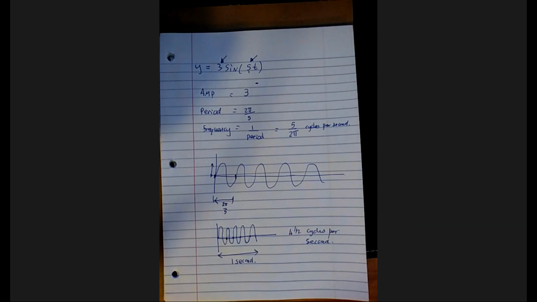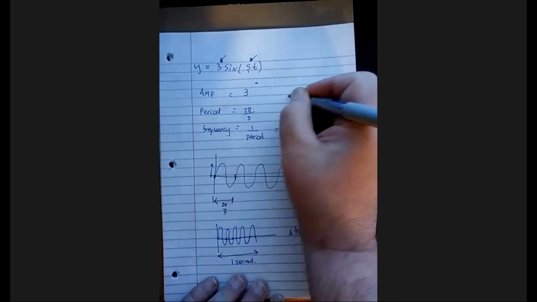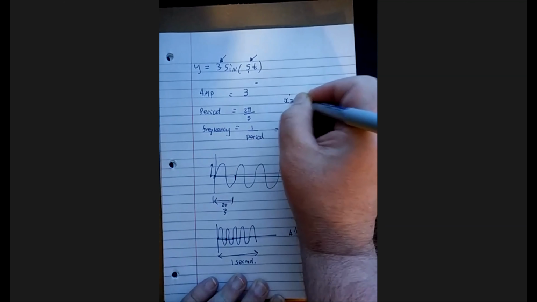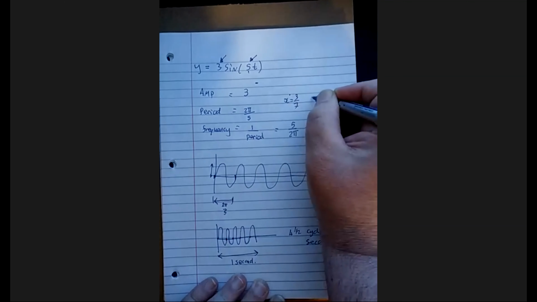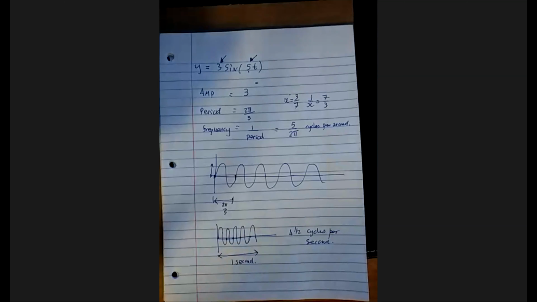Question: I don't understand how 1 over 2 pi over 5 turned into 5 over 2 pi. Oh, it's a little tricky algebra. If you take any fraction, let's say 3/7, and you turn it upside down, it's 7/3.